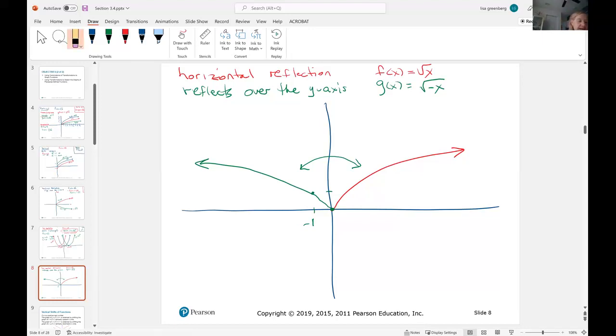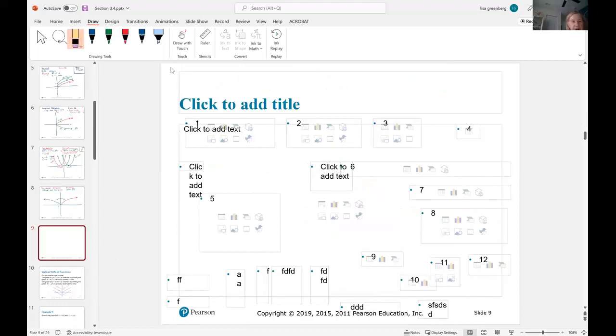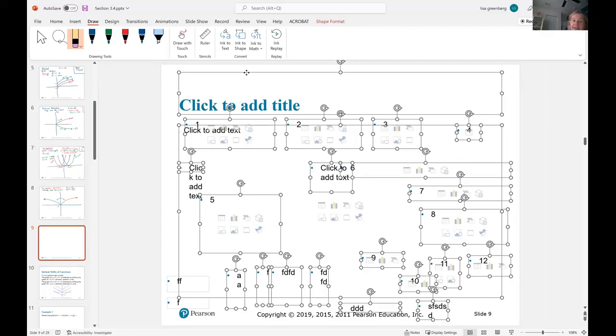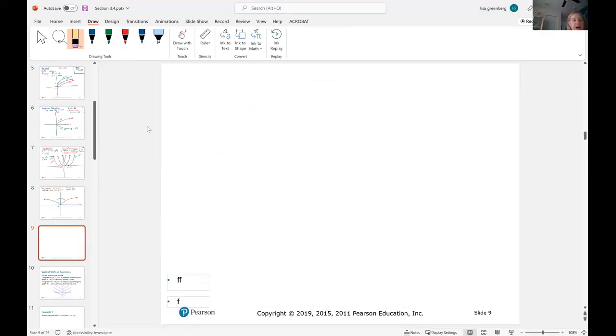So the last one, last but not least, is our horizontal stretch or compress. And I'll say it again, horizontal does opposite of vertical. So horizontal stretch compress, it would look something like, let me think of a good graph for this.